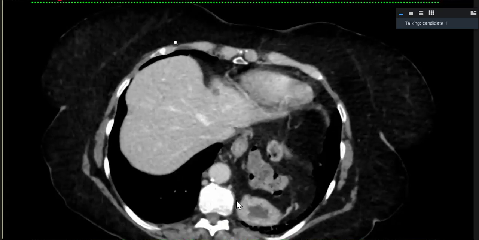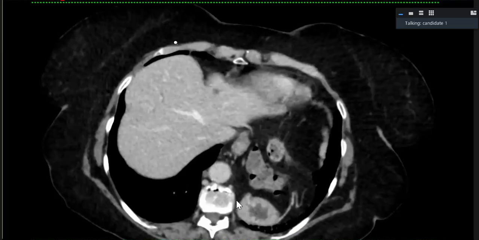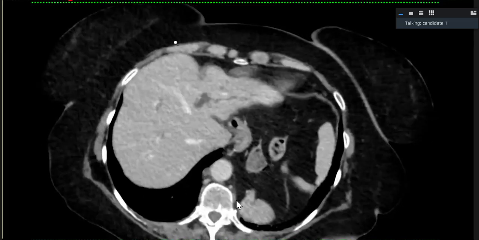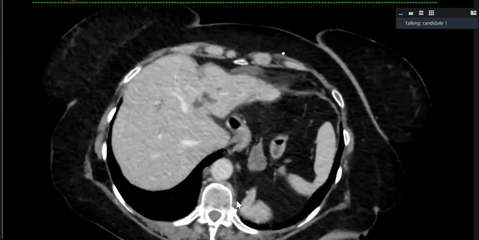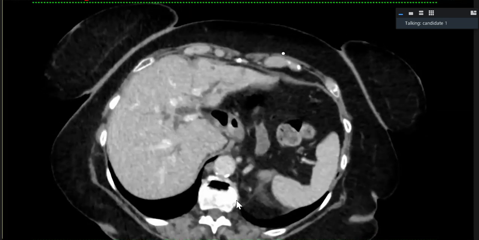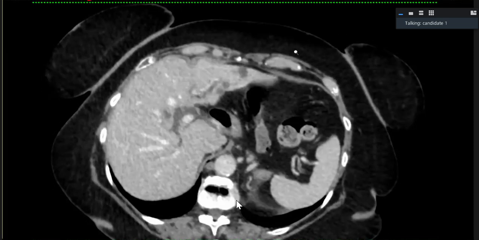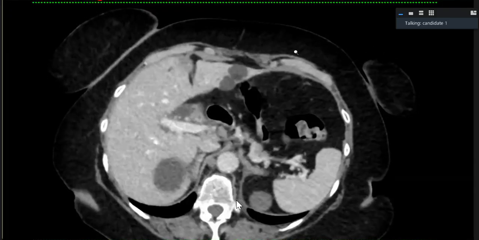I can see there is intrahepatic biliary radicals dilatation seen on the left side of the liver. I want to see why, and also the right side. I want to see the cause of the obstruction.